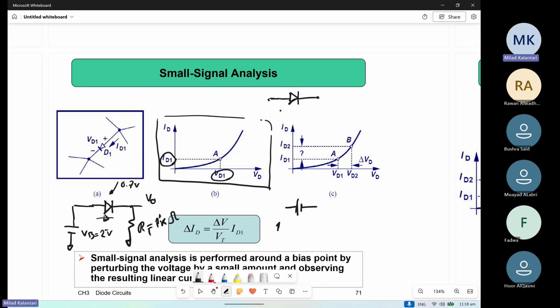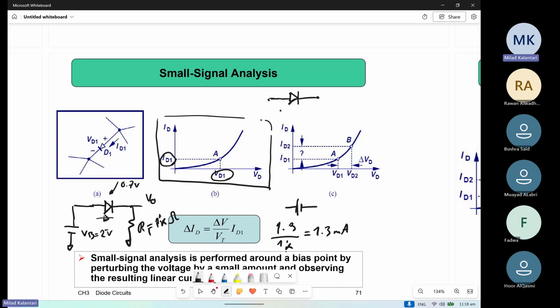It is 1.3, right? 2 minus 0.7 divided by 1K, so 1.3 milliamp.